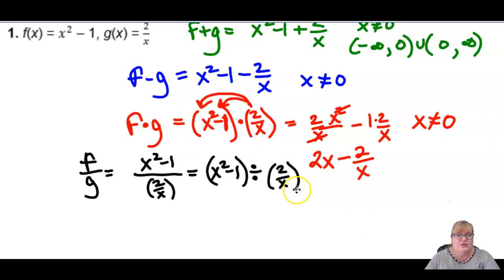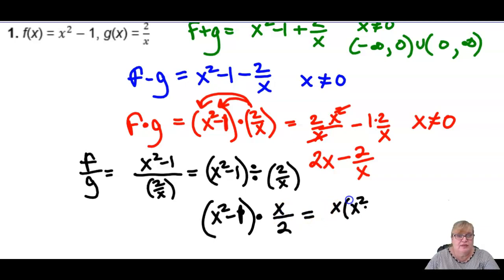When you have a fraction, you change it and you multiply by the reciprocal. So now we end up with an x and an x squared minus 1 all in the numerator, and a 2 in the denominator because we flipped this over, and this was over 1.